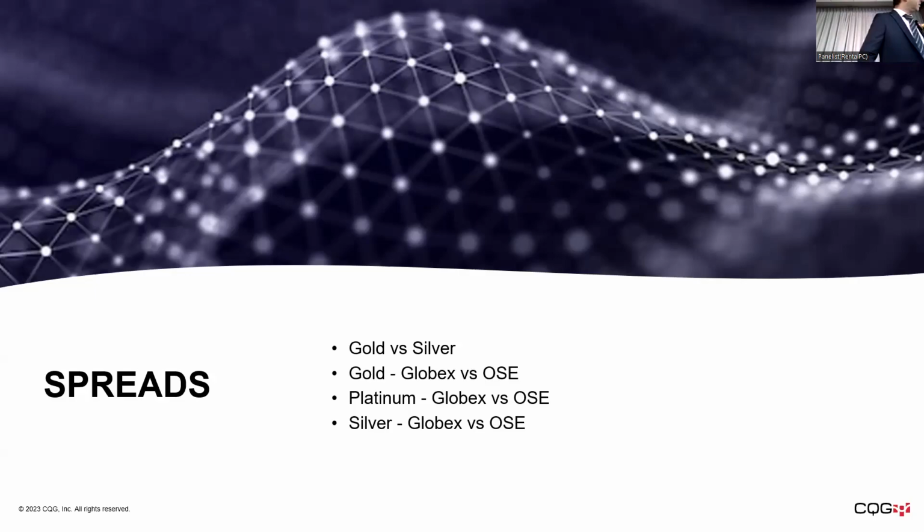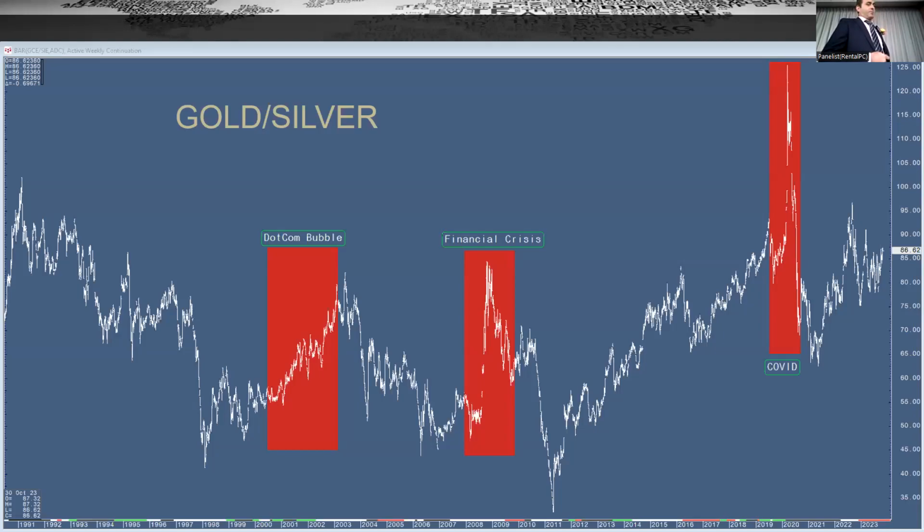So we've got gold, silver, platinum on various exchanges, and we can see that spreads are not only tradable products, but they're also technical indicators that give investors and traders some kind of gauge of what the market is actually doing. And we can see this specifically looking at the gold-silver ratio spread.